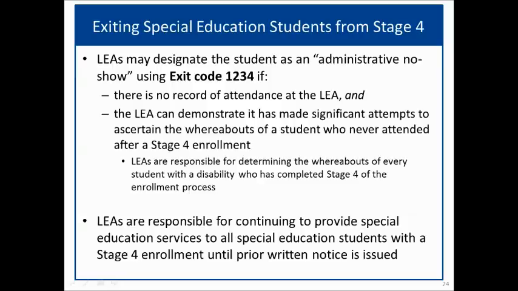And also, as was previously mentioned, that it is demonstrated that the LEA has made those significant attempts to ascertain the whereabouts of the student and documenting those attempts in SEDS. Okay. And again, this is another one of those things that would be in conjunction with your special education team, your special education coordinator, to ensure that the proper documentation is in SEDS.